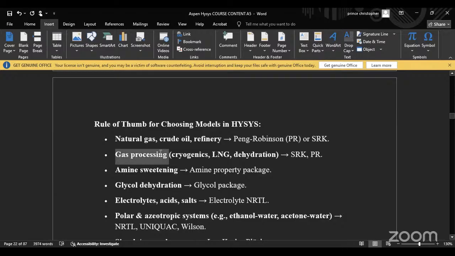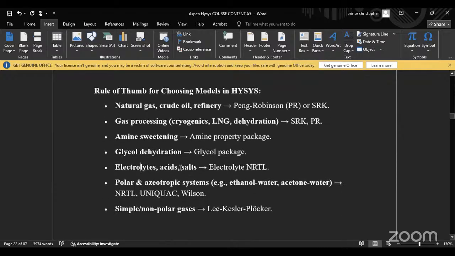Then when we are looking at gas processing and NGL dehydration, we use SRK first, because gas processing and NGL involve light liquid hydrocarbon. When you're looking at amine sweetening, we use the amine property package. For glycol dehydration, we use the glycol package.